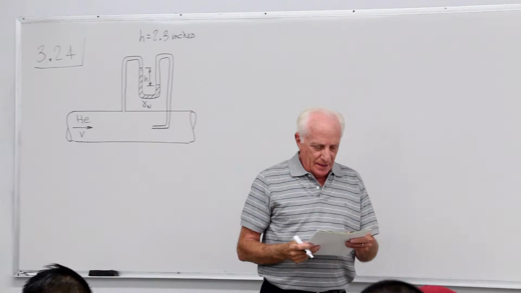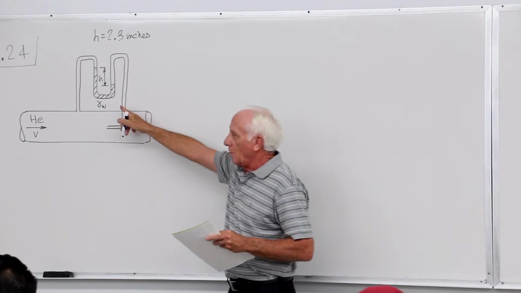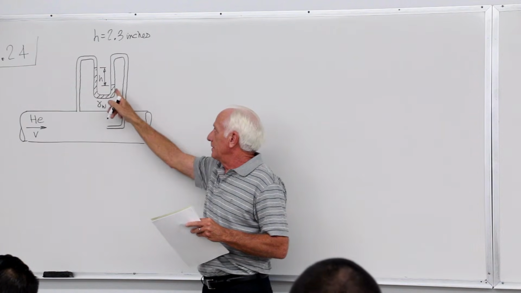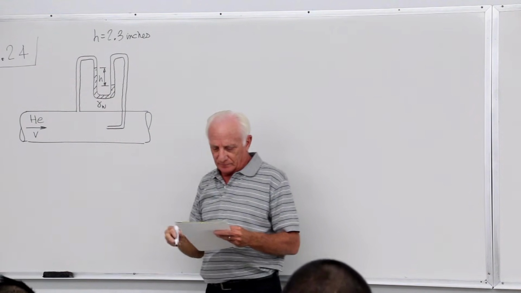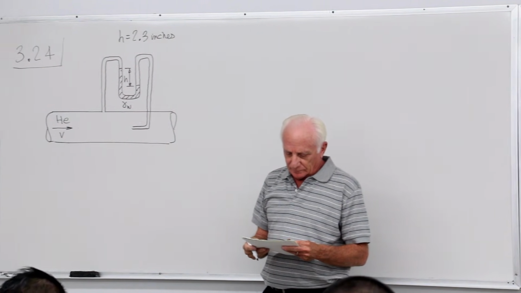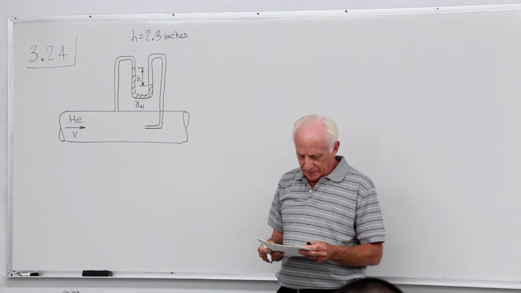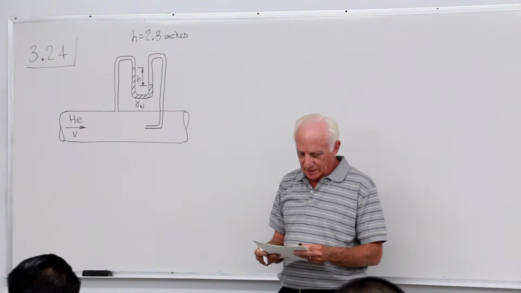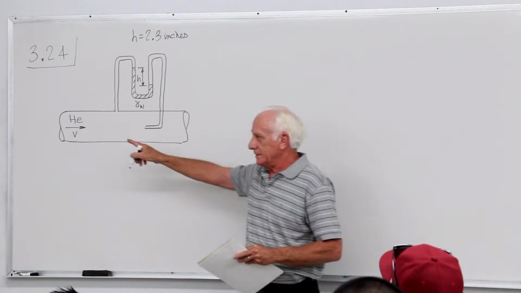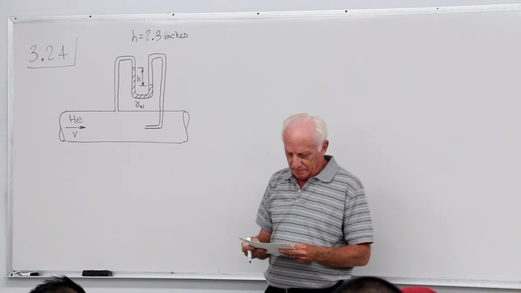Okay, a water manometer. That means there's water here shown by the diagonal line fluid water, connected to the pitot-static tube, indicates a reading of 2.3 inches. Okay, so we've got 2.3 inches. Determine the helium velocity, which is V in the pipe.